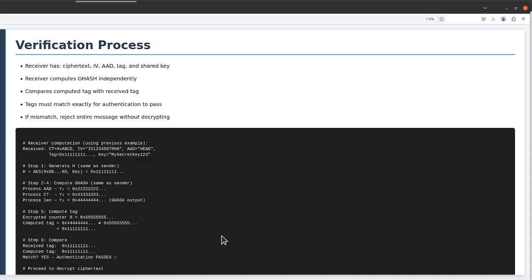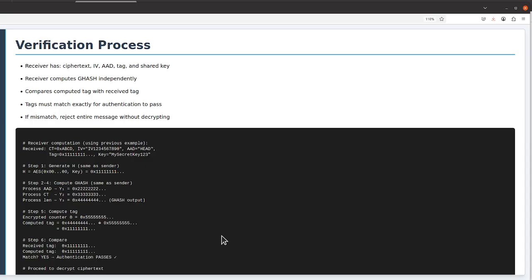Step 1. Generate H, encrypt zeros with their key. H equals 0x11...11. This is the same as the sender's, because they use the same key. Step 2. Process received AAD "head", which pads to 48...00. Compute Y1 equals A1 times H, which equals 22...22.